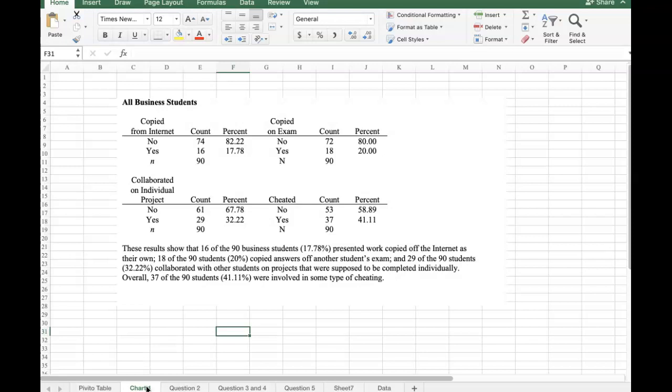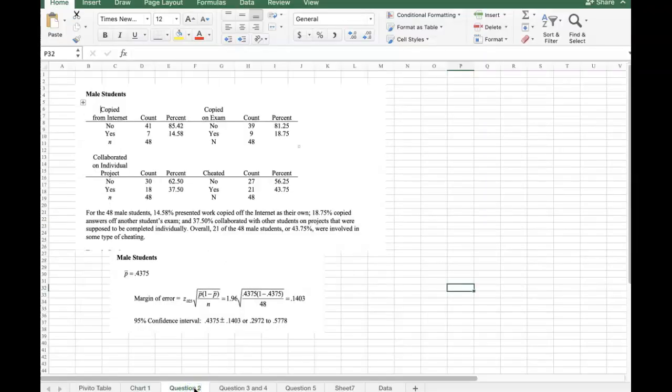Put the percentages in there, and copied on the exam, no, yes, and then I put down percentages on that as well, and then collaborated on individual projects, no, yes, count, and then I have that data in there, and then I usually write a little paragraph underneath that just to explain what that data is doing. Alright, so that's question one, what you're going to do in there.